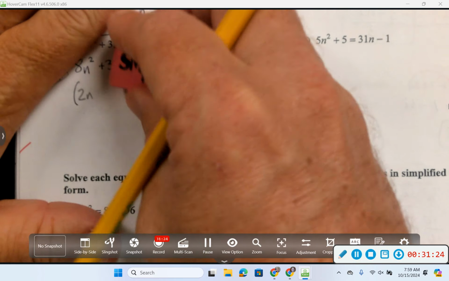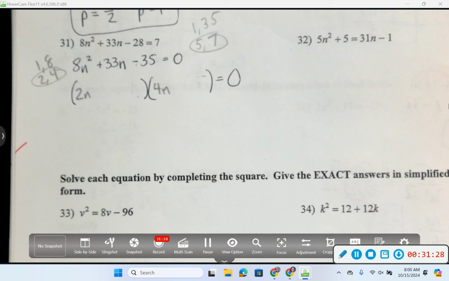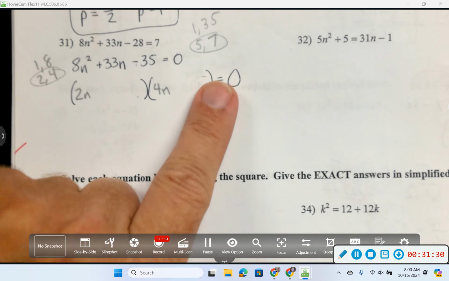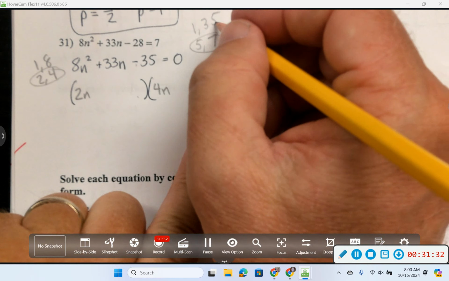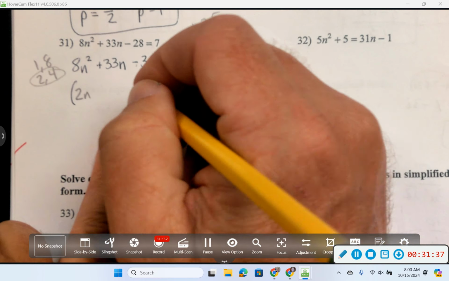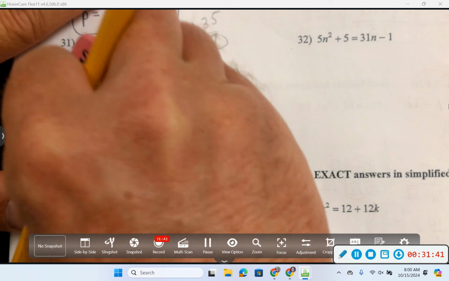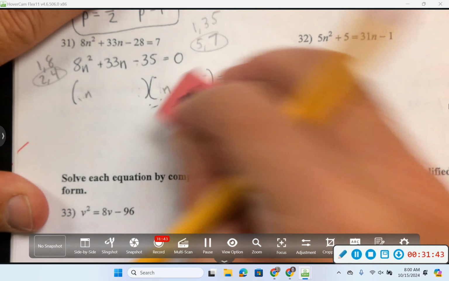If I switch those, that definitely won't work. That could be 1 and 8. So that means that 2 and 4 aren't going to work with the 5 and 7. They're probably not going to work with the 35, because that's either 70 or 140, so that's out. So I think it's back to 1 and 8, and see if that works.